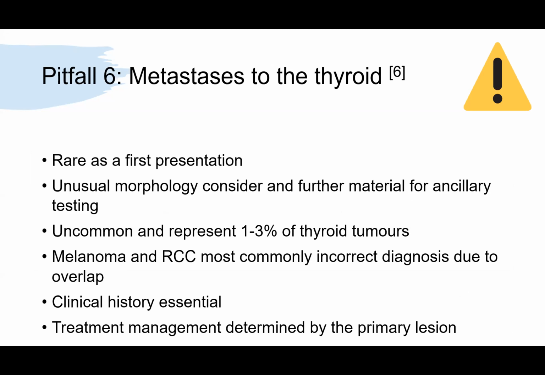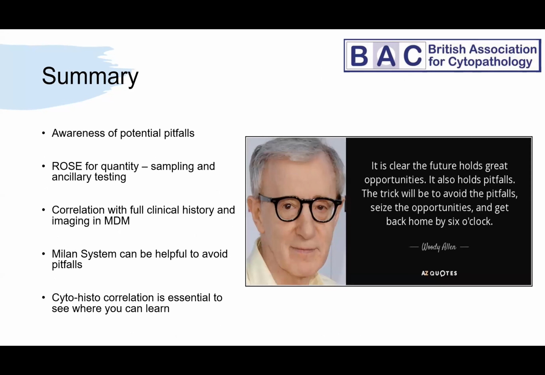Clinical history is essential. They may have had previous history, but here this was a first presentation. And this is important because treatment management is determined by the primary, so whether they would do a total thyroidectomy. In the case of a lymphoma, total thyroidectomy would not be indicated.